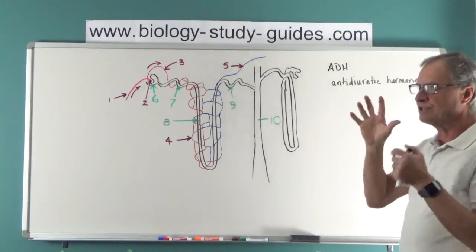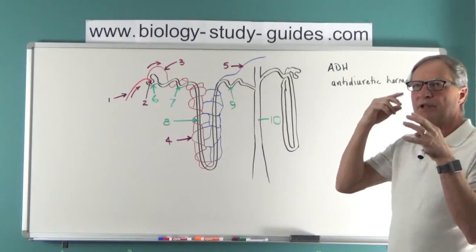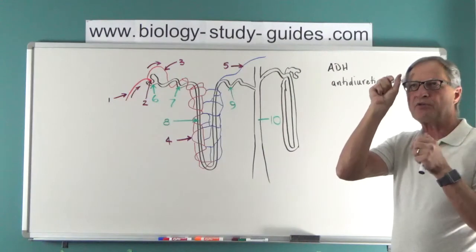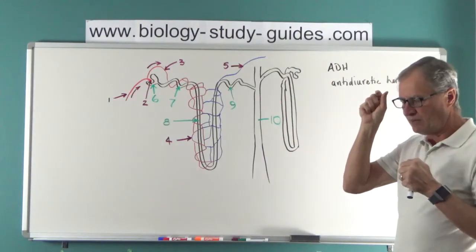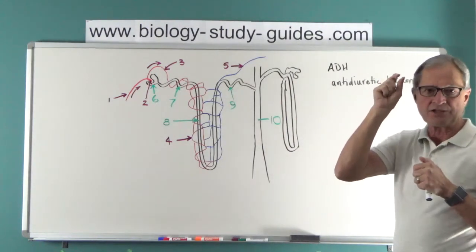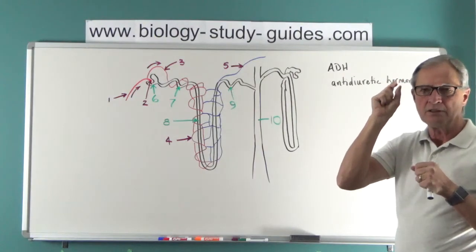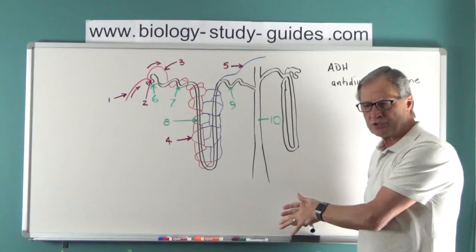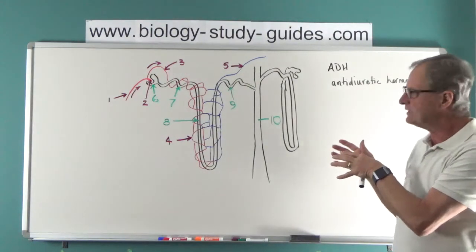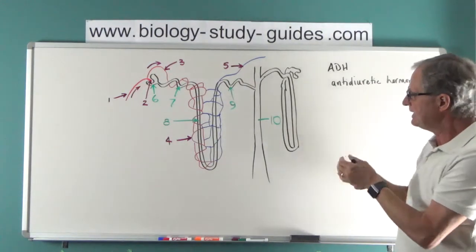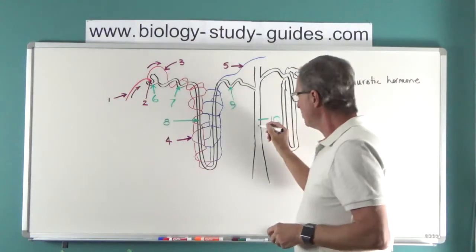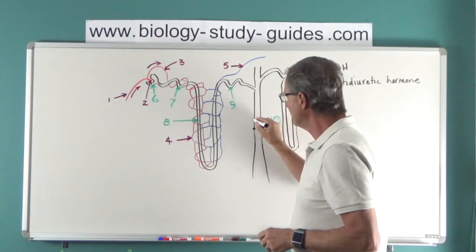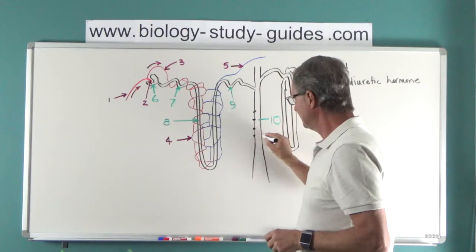So what happens in your system is that the blood's going through your brain, and the hypothalamus tissue recognizes that, wait a minute, this blood hasn't got enough volume in it, that means there's been too much urine being produced, then the antidiuretic hormone gets released, and antidiuretic hormone affects protein channels along the collecting duct.